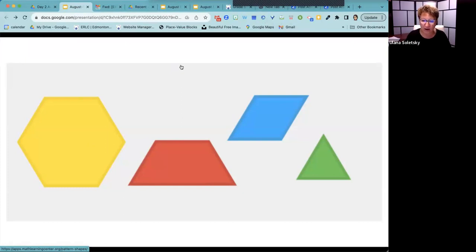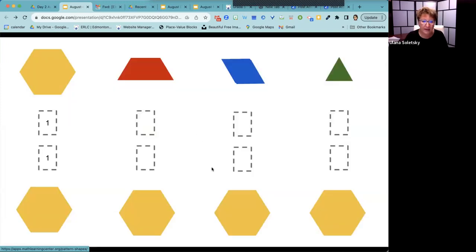There's the square, but when we are using those, we have to be very careful to make sure that they are all relative to each other, and that they fit together. So what we're going to do is break into breakout rooms right away.